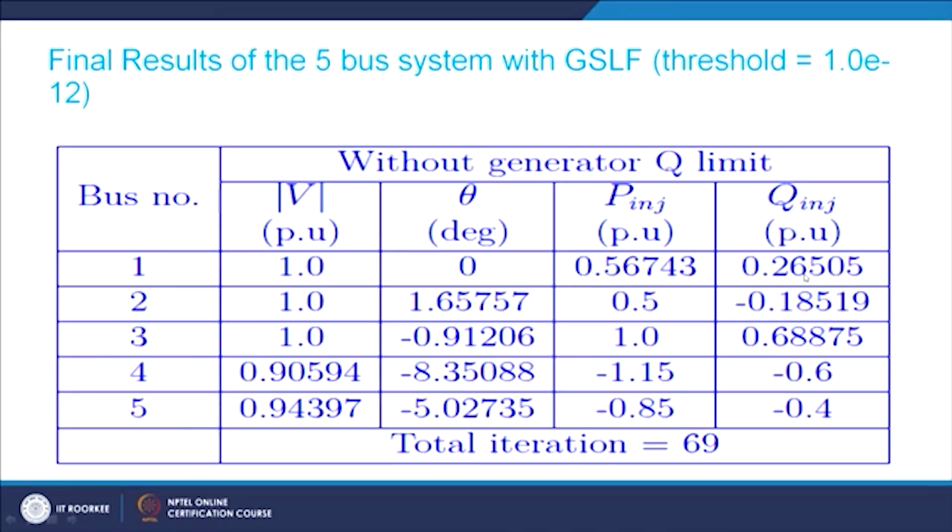Now if we look at this total load and total generation, total load was 200 megawatt, 115 and 85. The generation by these two PV buses was 150 megawatt. So the rest, 50 megawatt plus some losses, should come from the slack bus.